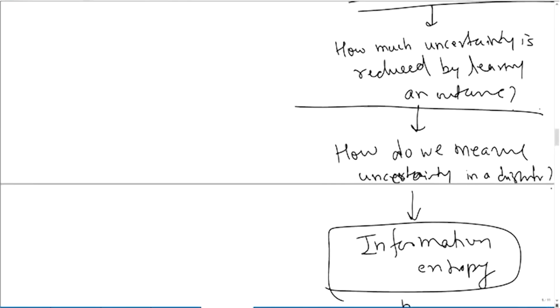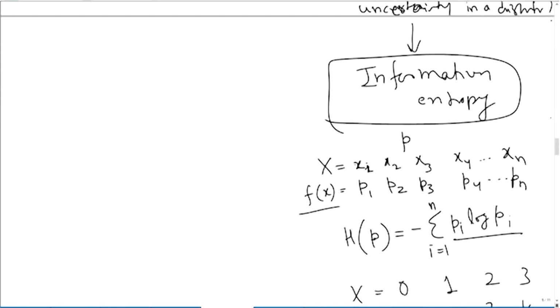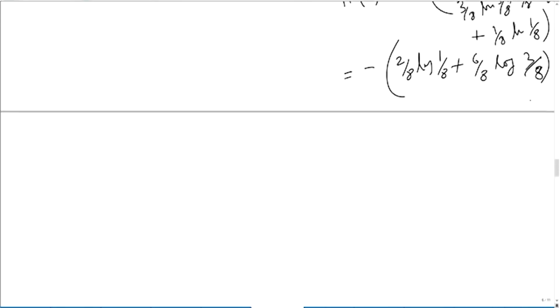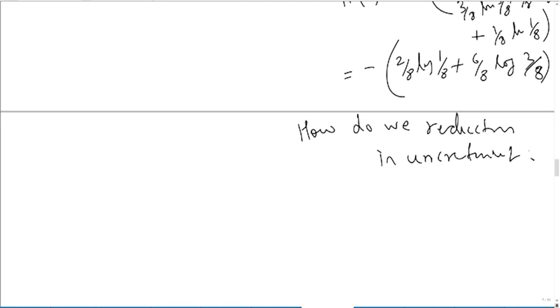And why is that important for us? Because we want to measure reduction in uncertainty. Okay, so now we have a measure of uncertainty, but how do we measure reduction in uncertainty? Okay. So, how much uncertainty is reduced by learning an outcome?